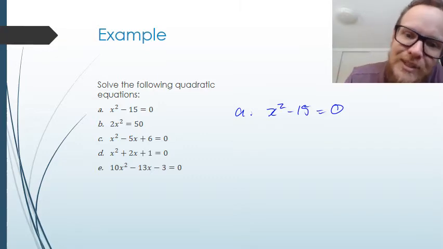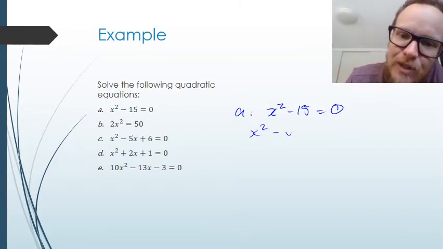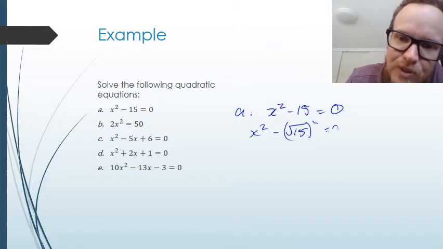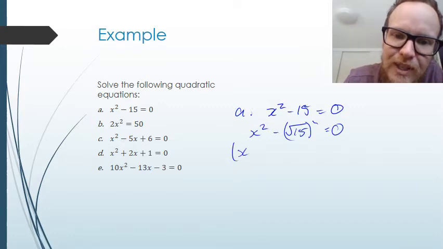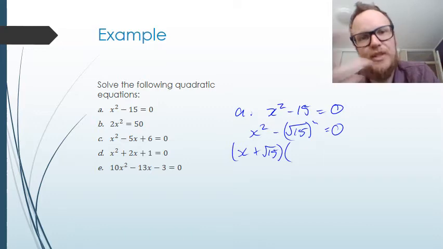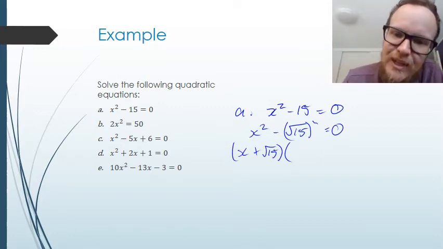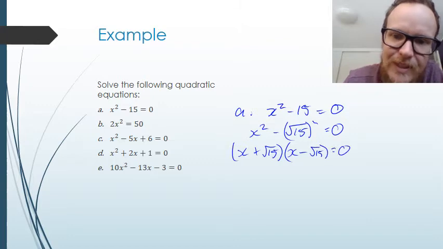That means this is in the format of x squared minus square root of 15 squared equals 0. For a difference of perfect squares, I take the square root of both of those things, and go the first thing plus the second thing, and then the first thing minus the second thing. There we go, equals 0 there.